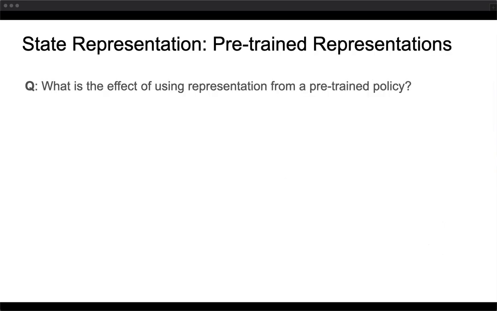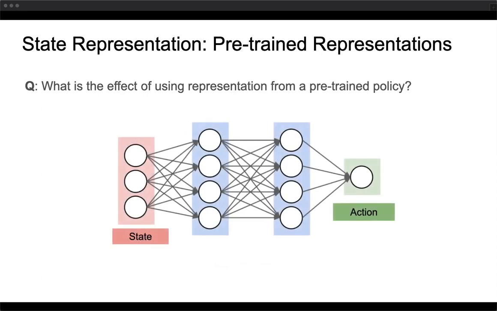Another interesting experiment that we did was the one with pre-trained representations. So we learn a representation and then we use that one as a new representation for learning a policy. What we did was training a standard RL algorithm so that the policy receives states as input and outputs actions.